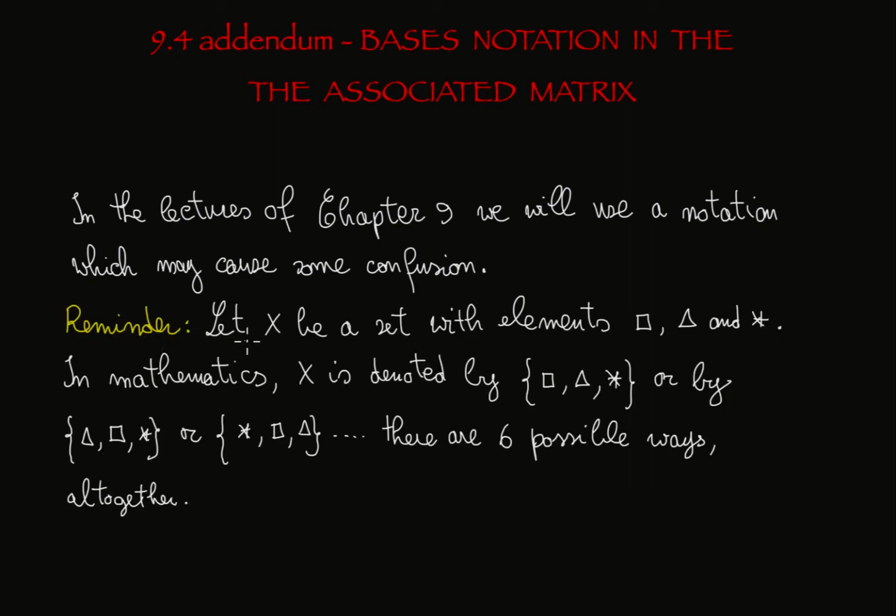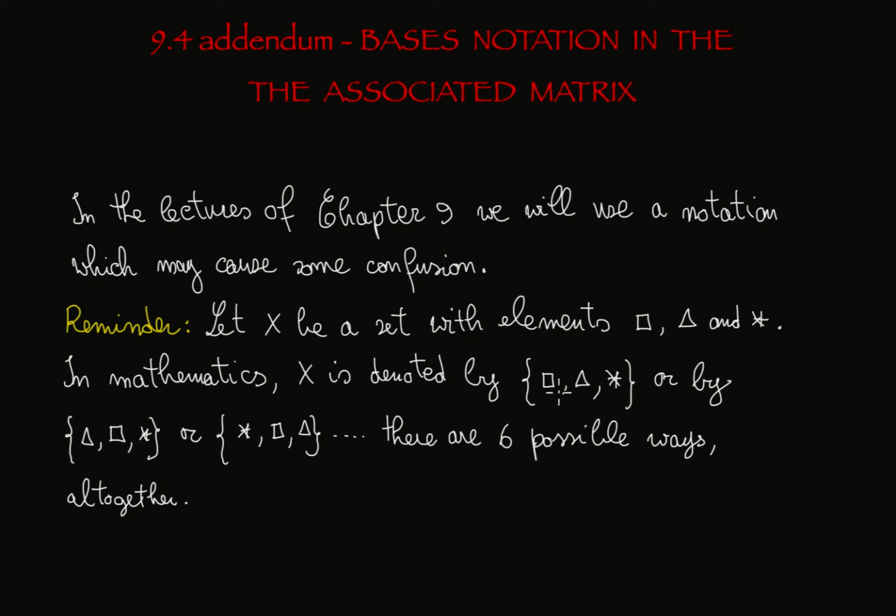Reminder: let X be a set with elements a square, a triangle, and a star. In mathematics, X is denoted by opening a curly bracket and listing these elements in no specific order. For example, square, triangle, and star, and then we close the curly bracket.